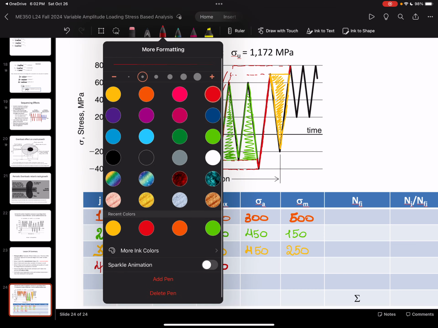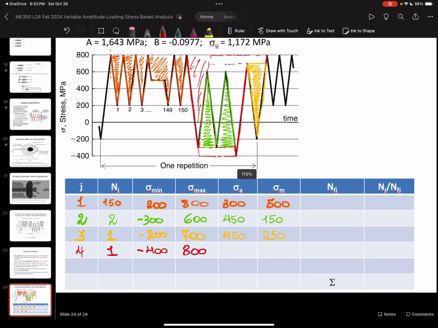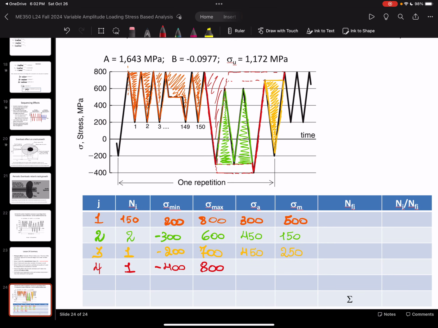And then finally we have one more, and that's going to be 800 minus negative 400, which is 800 plus 400, which is 1,200, divided by 2, it's 600. And then 800 plus minus 400, which is 400, divided by 2, that's 200.